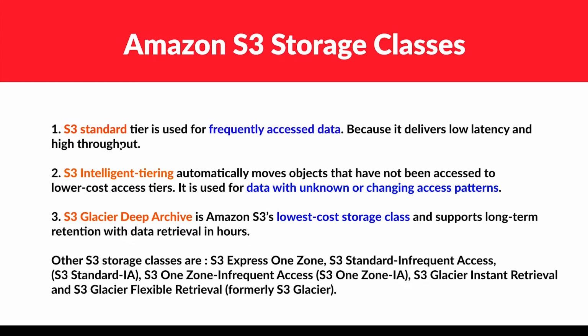Let's understand the second important topic, that is intelligent tiering. Intelligent tiering is another important concept with regard to storage class, because it can store the data for unknown or changing access patterns. What do I mean by changing access patterns? Let's say I don't know whether a file or object present in S3 is accessed in 10 days, 20 days, or 1 year maybe.